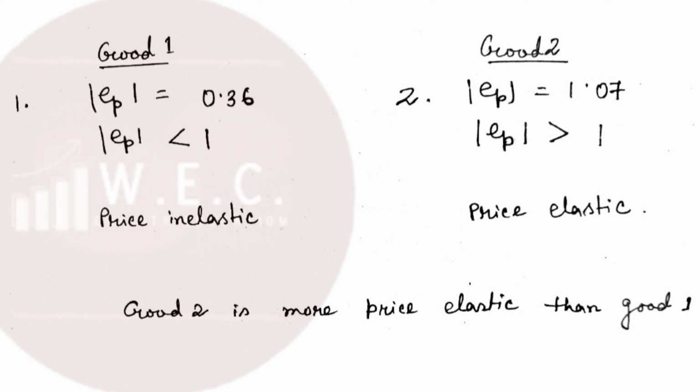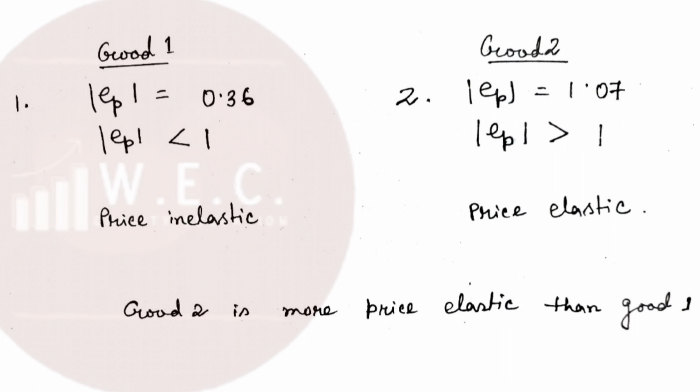Another thing can be said from this result. See, for good 1, price elasticity of demand is 0.36, which is less than 1. Such goods are called price inelastic. But for good 2, price elasticity of demand is 1.07, which is more than 1. Such goods are called price elastic.